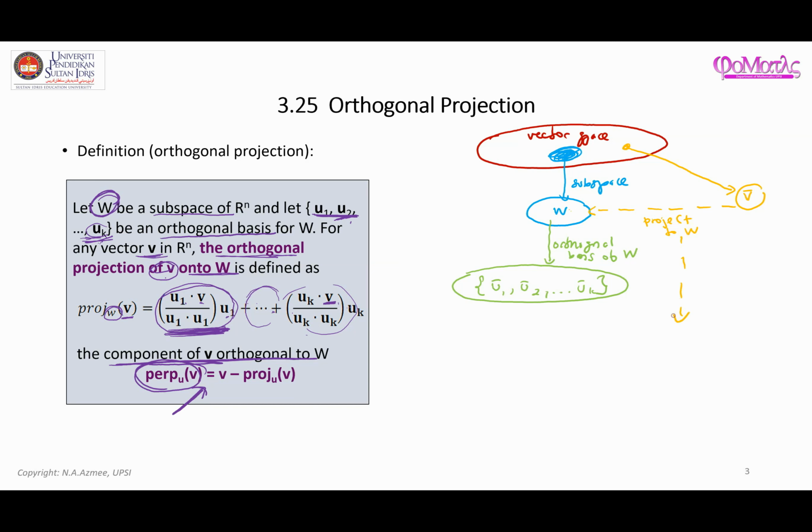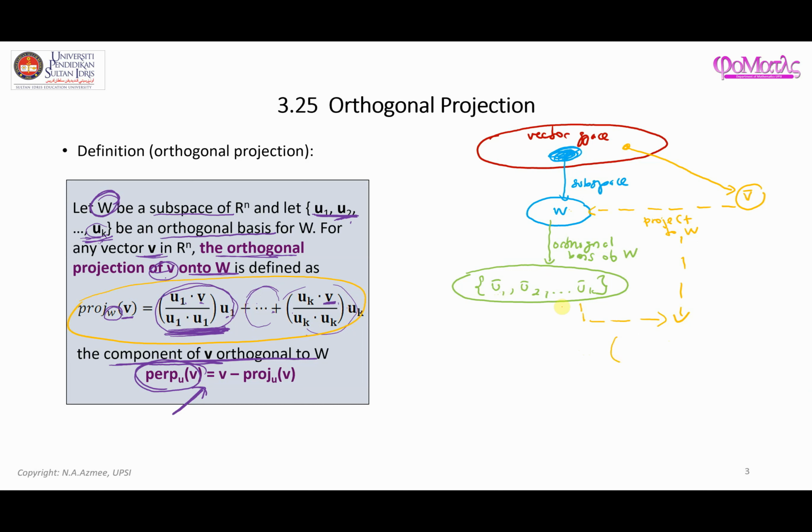In order to do this projection, what you need to consider is the formula here, which relates the orthogonal basis of W, and it is given by this formula. Okay, so I'm just going to write it down. The formula here is, we're going to project it one by one.